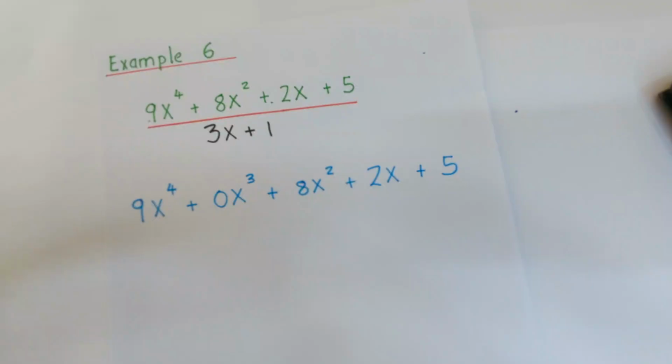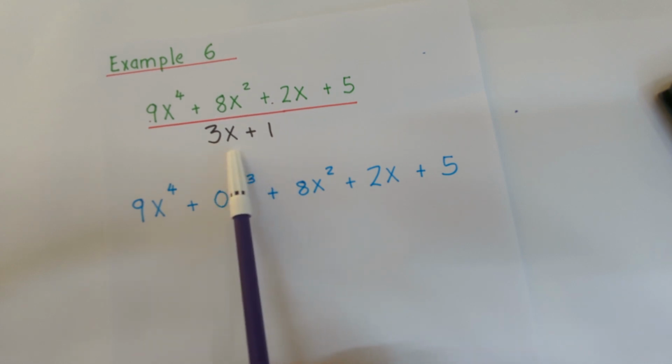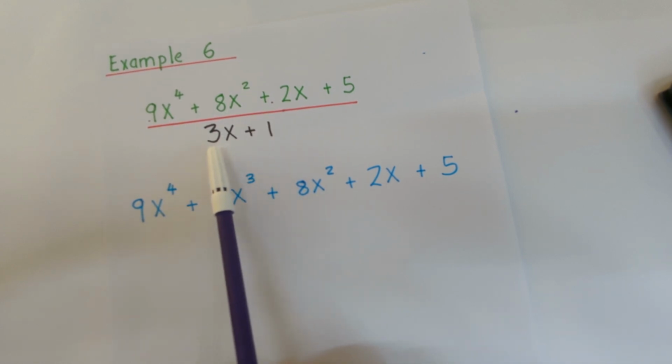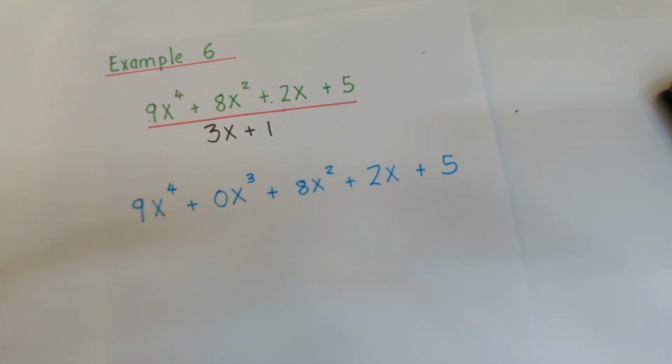Our next step would be to check if the coefficient of x in our divisor is 1. In this case, the coefficient of x in our divisor is not 1, it is 3. So we need to divide all the terms by 3.